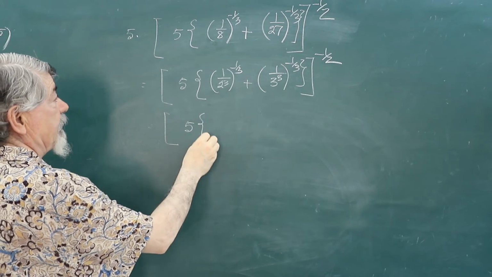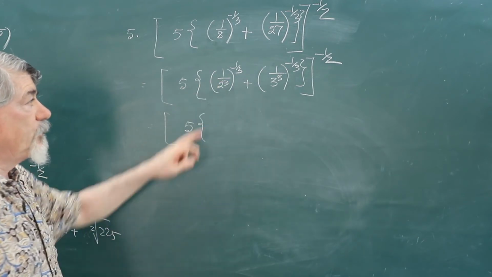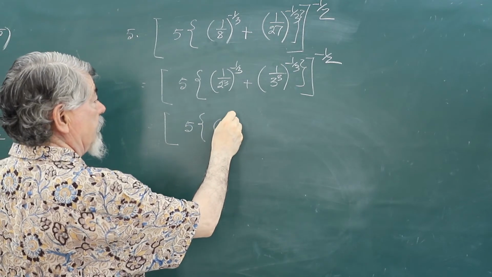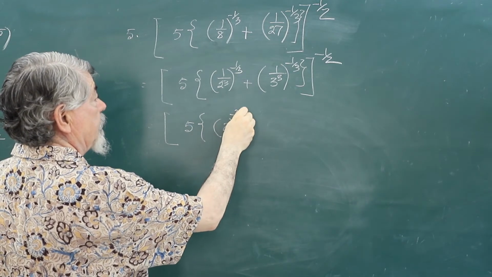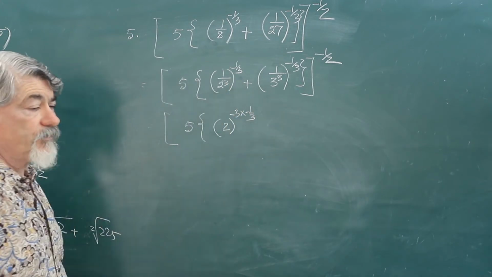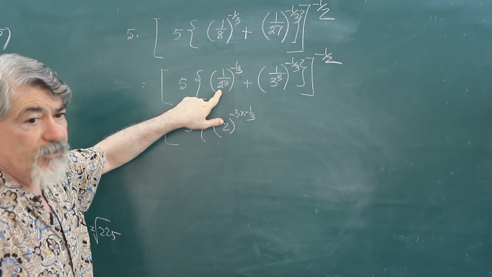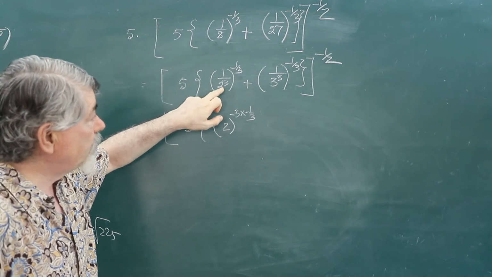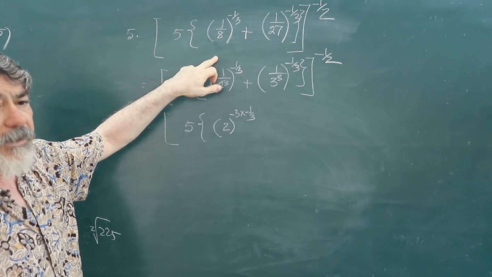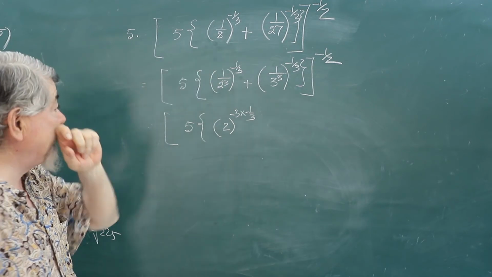When I'll take it from the denominator to numerator, it will become 2 to the power minus 3 into minus 1 upon 3. It's already to the power minus 1 upon 3, and I have taken 2 to the power 3 from denominator to numerator, so it will become 2 to the power minus 3.